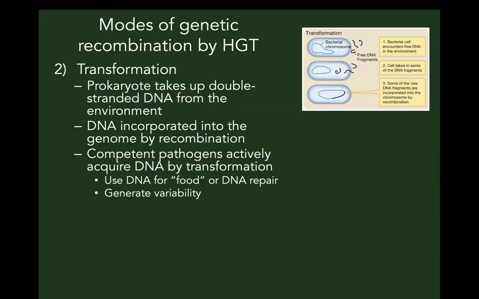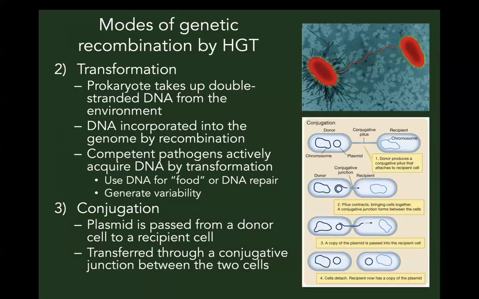Sometimes they'll use it for quote unquote food. They're not actually eating it, but they're just breaking up the molecules and recycling those molecules to make their own DNA. Or, using it to, for example, repair a patch of its own genome that's been damaged. But the upshot is that it helps the bacterium generate variability.